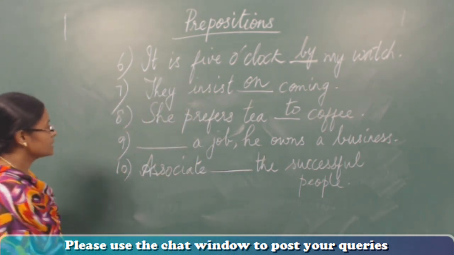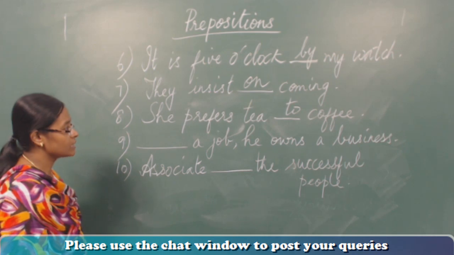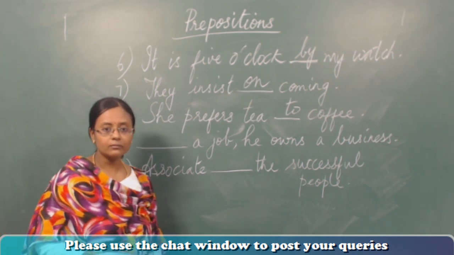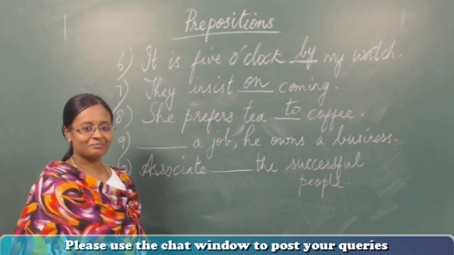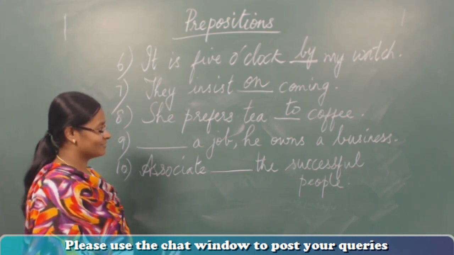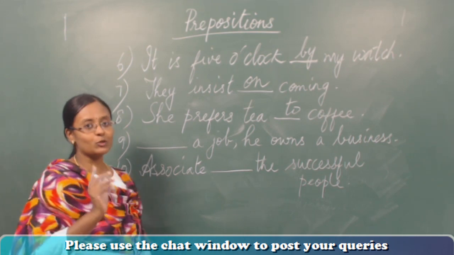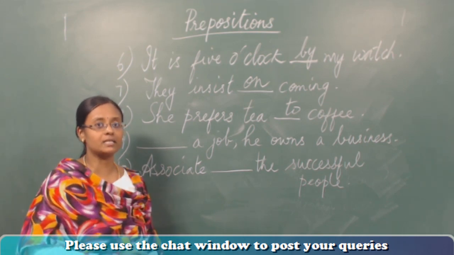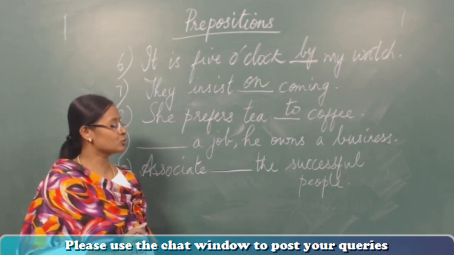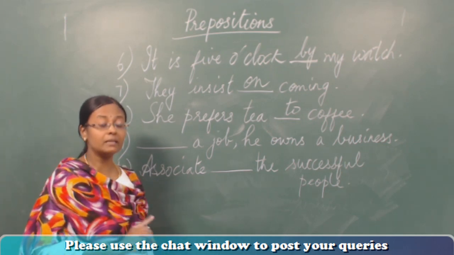Okay. Dash a job, he owns a business. Number 9. Before. Then see, you should look at the tense also. Now we have already attended the session on tenses. Now you should know for sure what the sentence might mean.